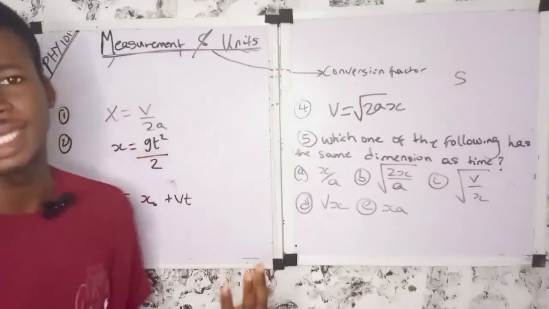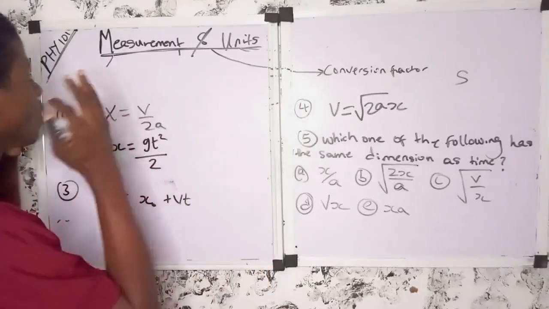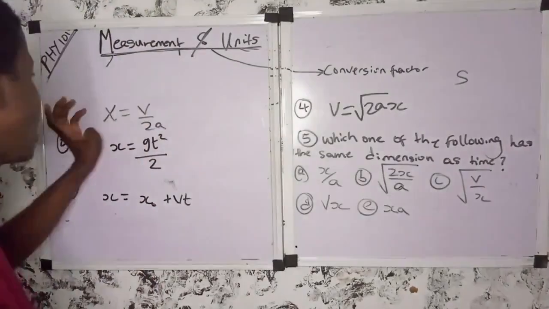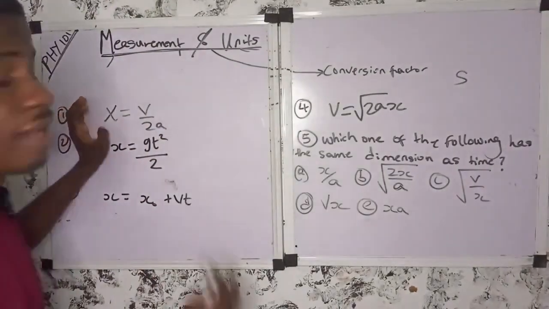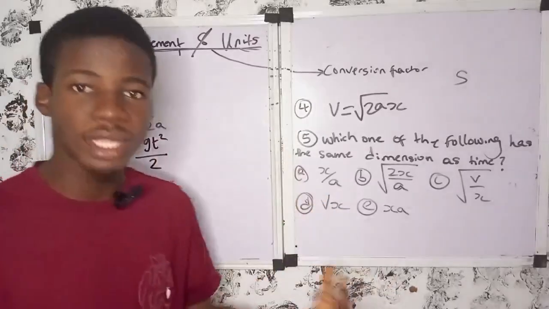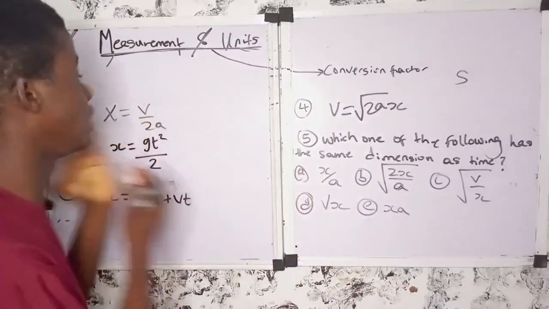What did I tell you guys? An equation is dimensionally correct when the dimension on the left-hand side and the dimension on the right-hand side are the same. When they are the same, that is when you know that the equation is correct.